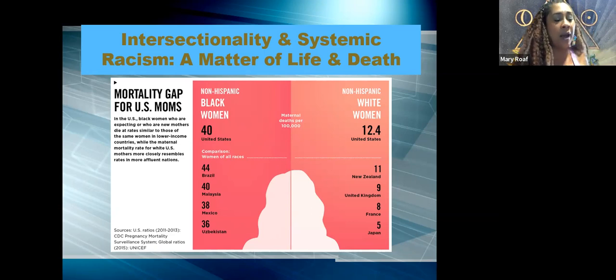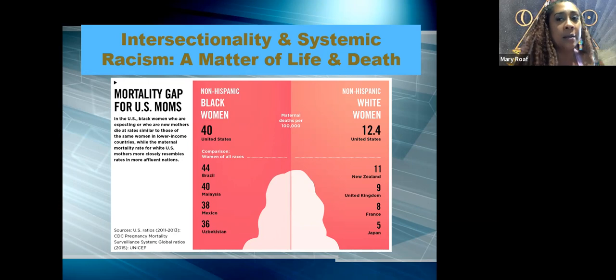Within a lens of intersectionality as a theory, we experience multiple oppressions, multiple marginalizations, and sometimes also marginalizations and privilege at the same time, and these interact in different and contradictory ways.